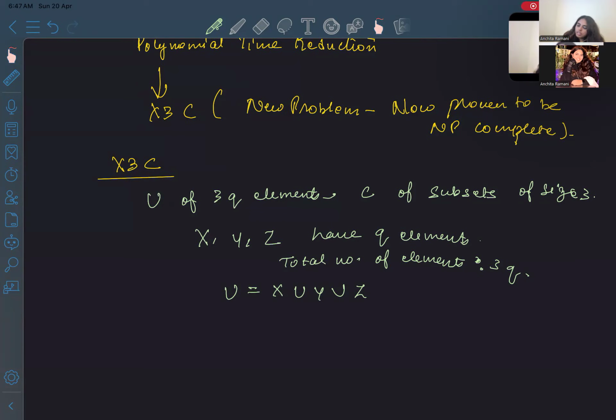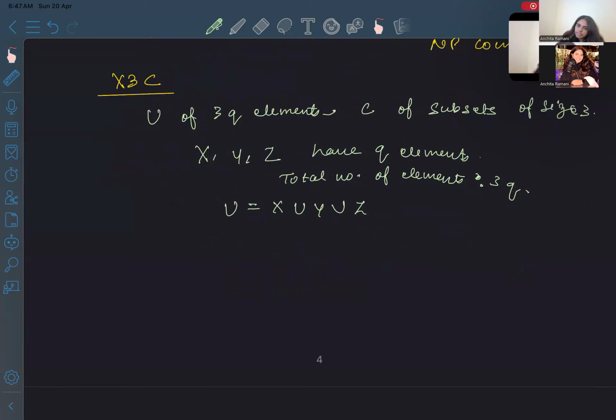Now let's create three-element subsets, the collection C. For every triple (x_i, y_j, z_k) in T, where T is the set of possible matchings, create a subset. The subset is just this triple, and add all such sets to your collection C. These sets become the candidate three-sets for your X3C problem.